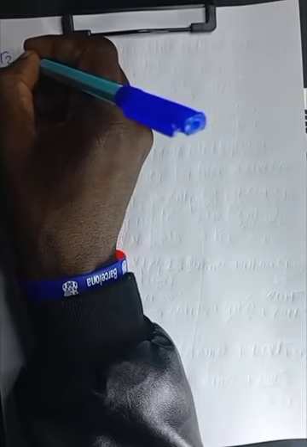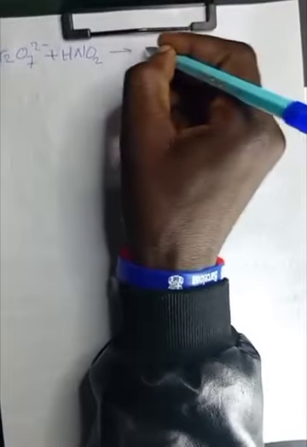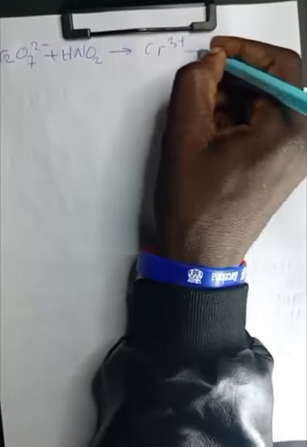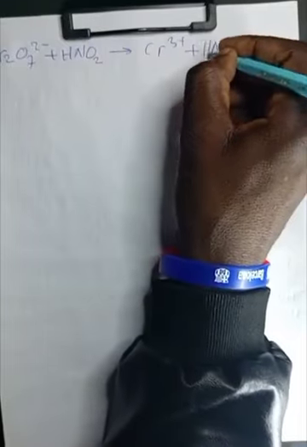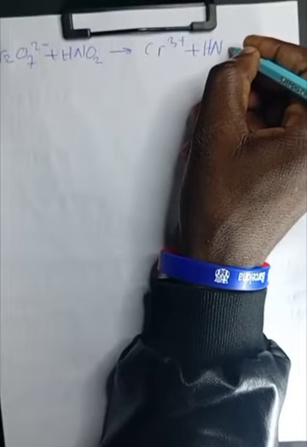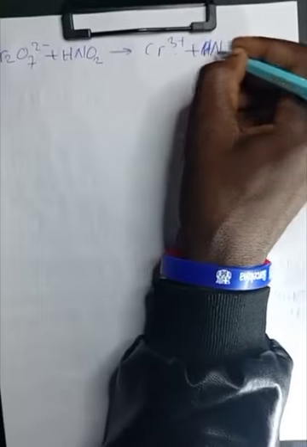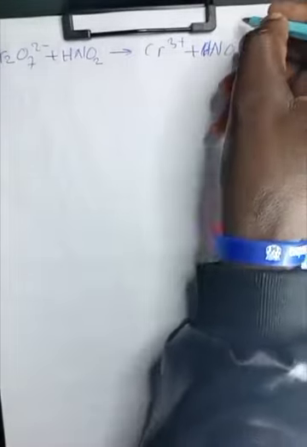I'm going to rewrite our equation here, which is Cr2O7 minus, then plus N O2, we are getting Cr3 plus, then plus N, there is no H, just NO3 minus.